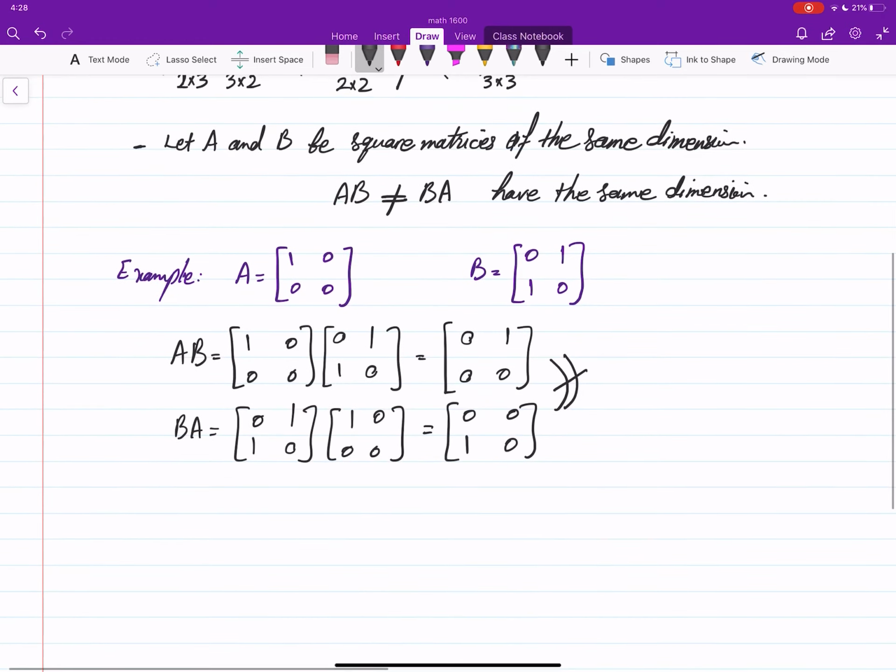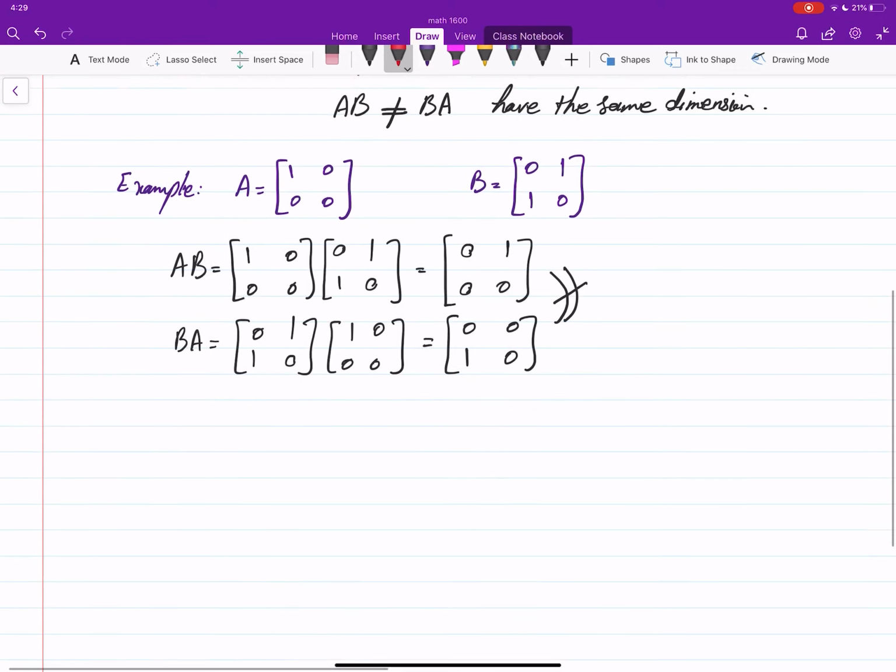So I encourage you at this stage to stop and try to find pairs of matrices which don't commute. That means that if you multiply A to B from the left, it won't be equal to multiplying B to A from the left. Okay, so that's the first thing in the list of important facts to know about matrix multiplication.